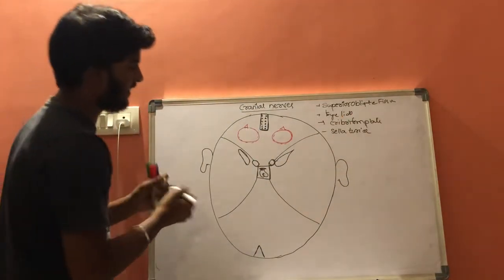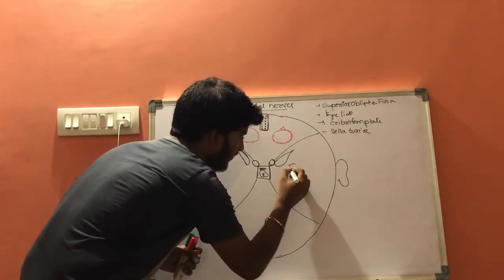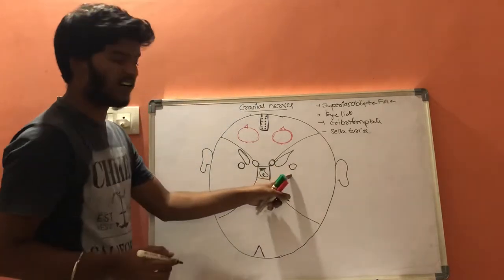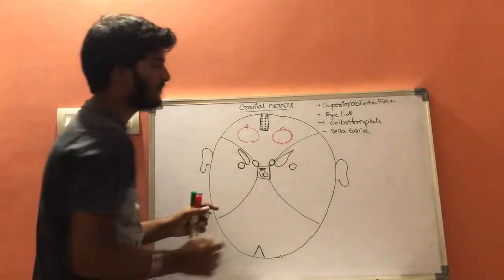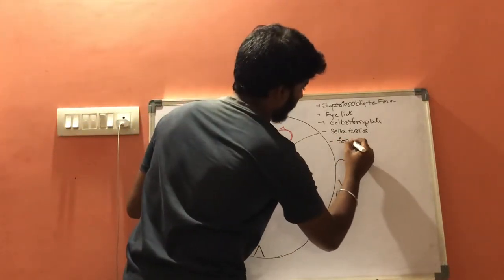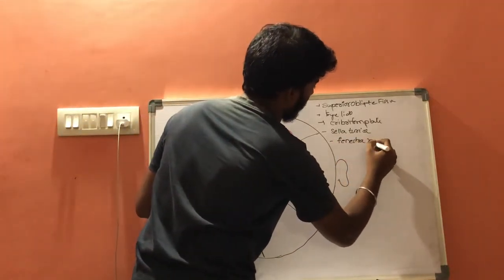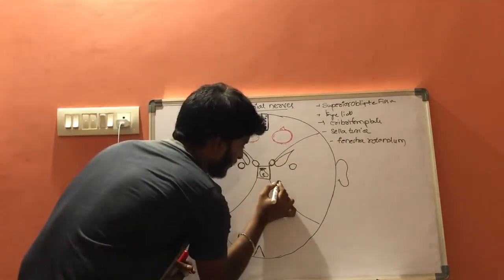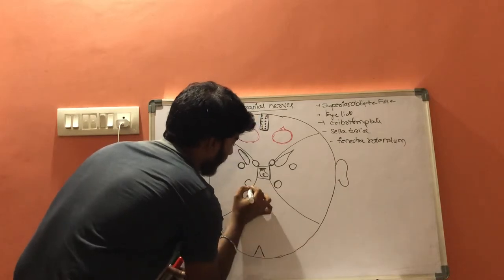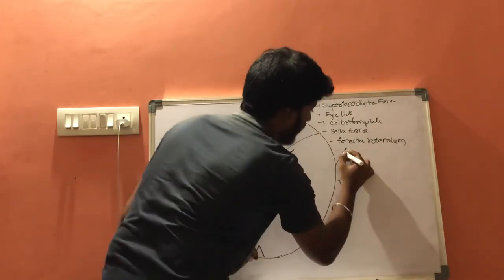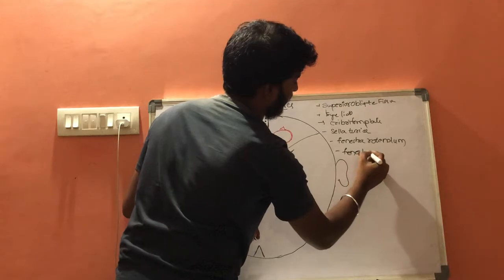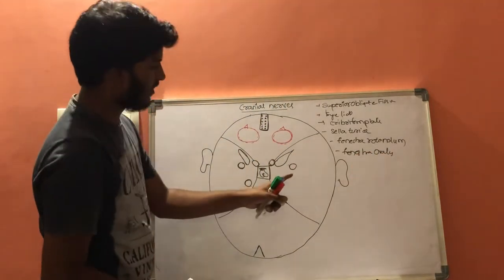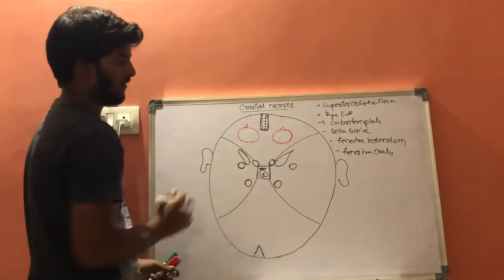And here it also consists of the foramen rotundum, and below it consists of the foramen ovale. These are the oval window, also called the round window.